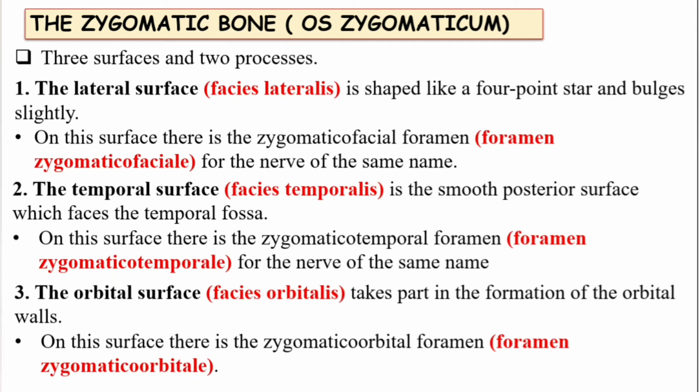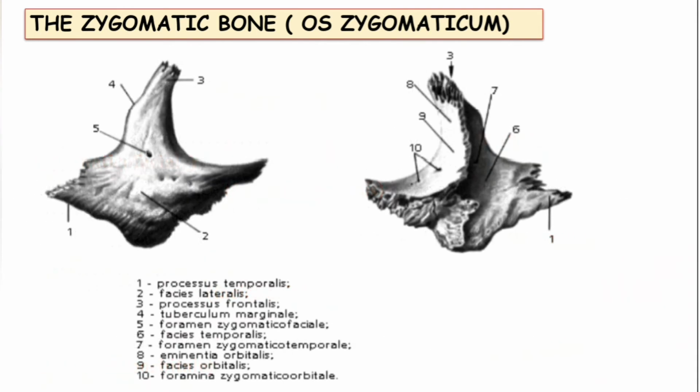And then on the temporal surface, there is foramen zygomaticotemporale, and on the orbital surface, there is foramen zygomaticoorbitale. So this is the zygomatic bone, the lateral surface. You can see the orbital surface here.